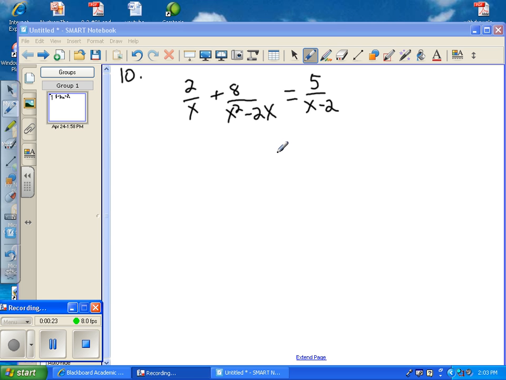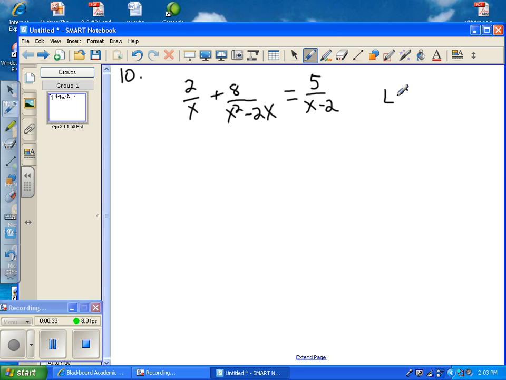So if you remember from problem 1, in order to get rid of your denominators, you have to multiply through by the least common denominator. So I'm going to be looking for the least common denominator. But when I look at these three denominators, here I have a factor and here I have a factor, but here it's not in factored form.